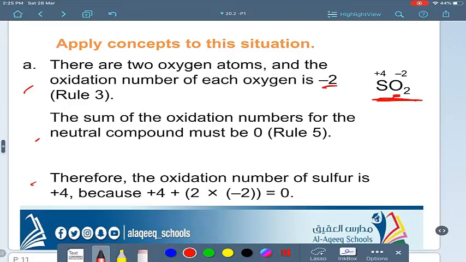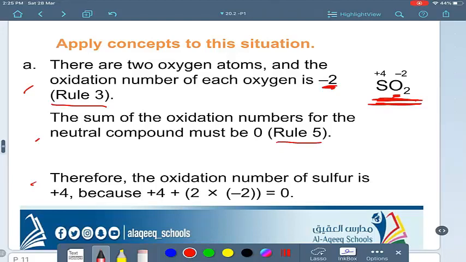So it's negative 2. Remember rule 3. So the summation of oxidation numbers for this compound is 0 because it's a compound, not a polyatomic ion. So it's related to rule 5. The overall charge is 0.